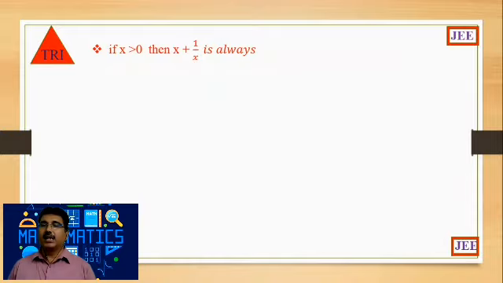By using arithmetic mean greater than or equal to geometric mean. Here x and 1 by x are the two positive real numbers.